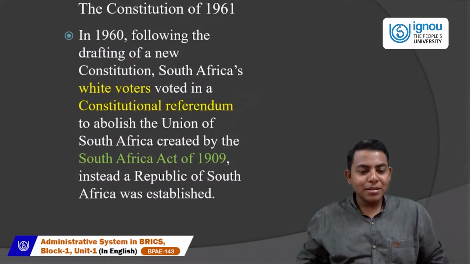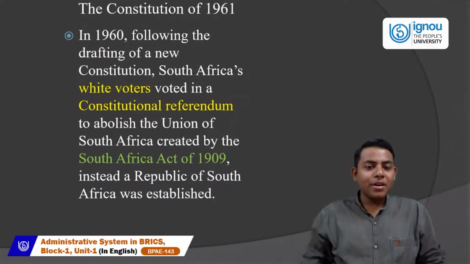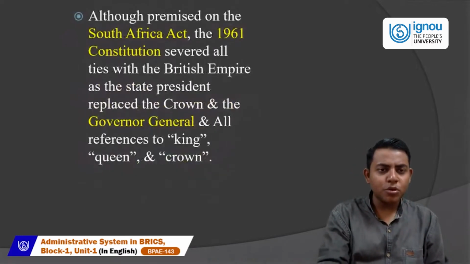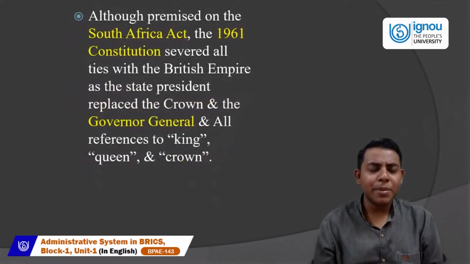In place of the Union of South Africa, the Republic of South Africa was established. However, in this referendum, only the white voters participated. The black voters, who were the overwhelming majority in the nation, were not allowed to vote. The Zulus were not able to vote because apartheid was enforced by the National Party government.